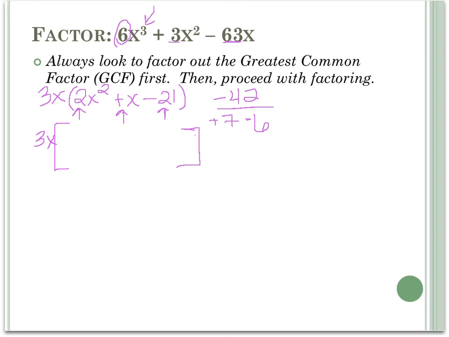I'm going to put some big brackets around this because I don't want to forget I have a 3x that I factored out through greatest common factoring. Now I'm going to factor by grouping. 2x squared plus 7x, those two are going to be grouped, plus negative 6x minus 21.